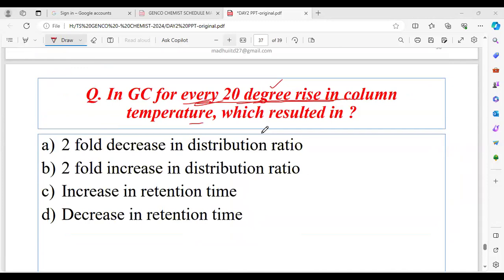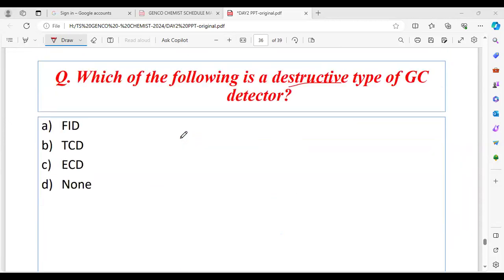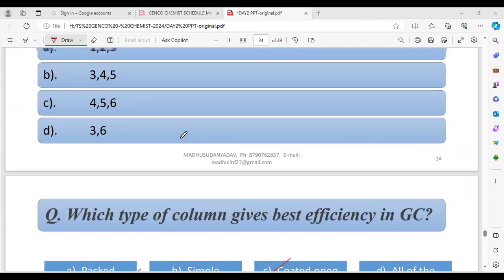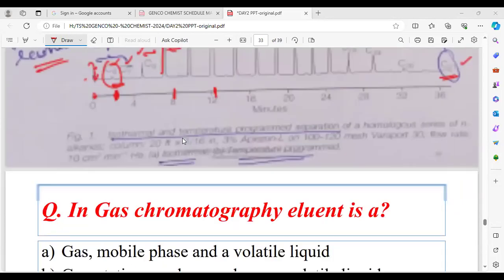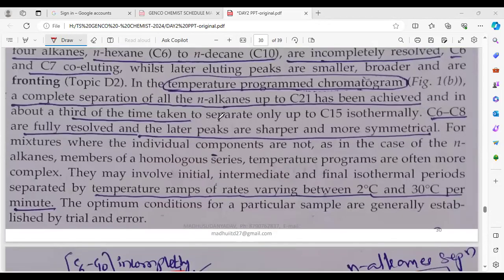One question, sir. In the column one, temperature range. You missed that column temperature range. Okay, I will look at that. Don't worry.